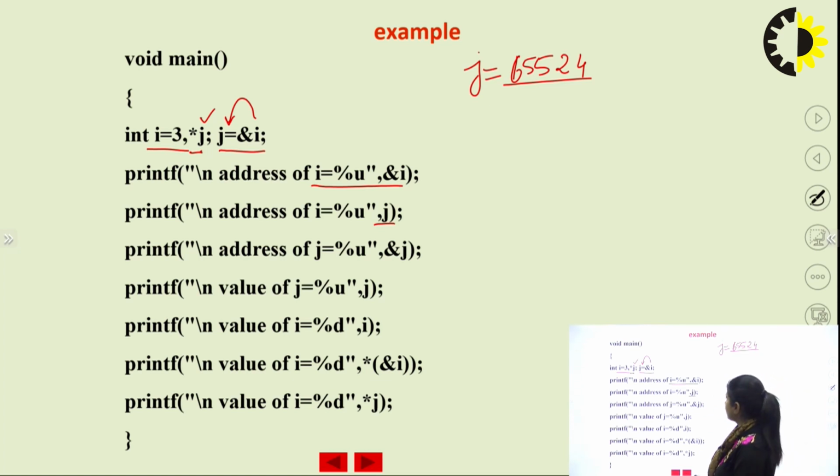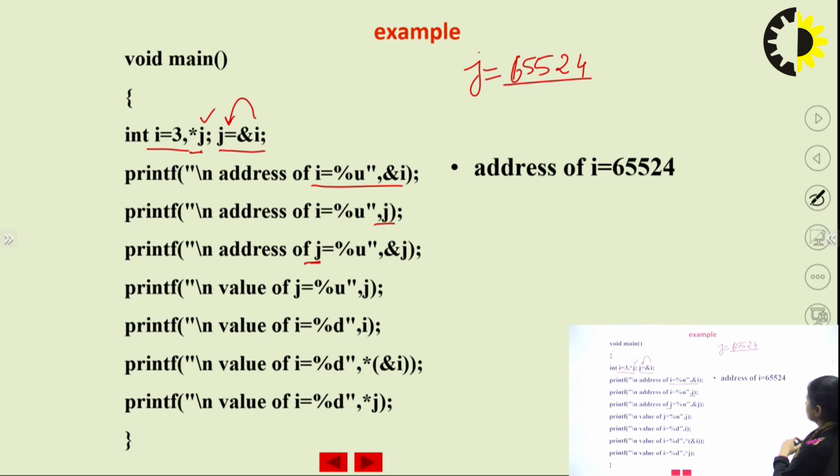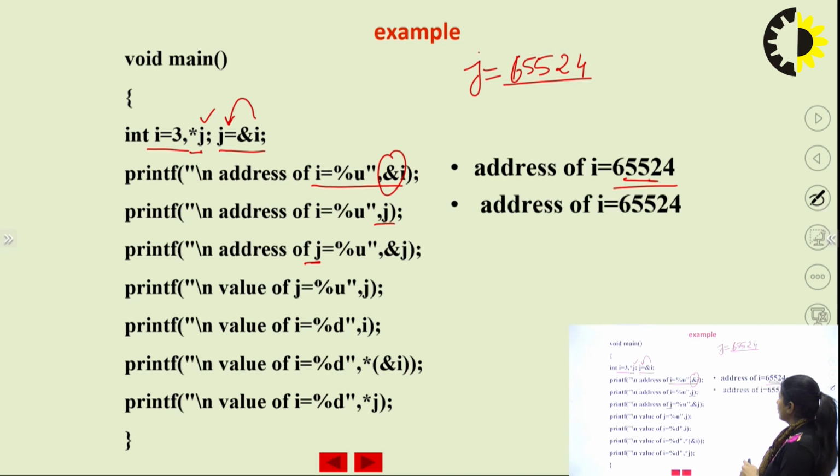Let me show you the output first. If we try to print the address of I, it will simply print the address of I. If I try to print the value of j, j is equal to address of I, so again it will display 65524, the same.